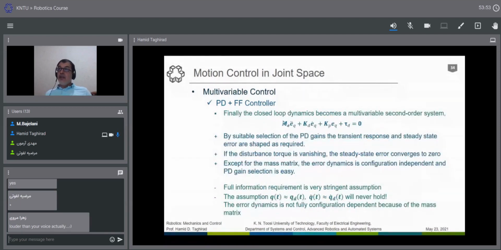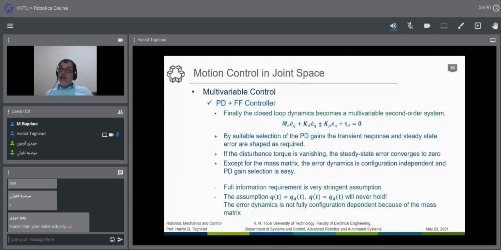This equation is a multivariable second-order system. It has some positive points, we have feed forward, and some negative points. So you can design Kp and Kd as you designed it in the linear control part, to have a good transition, to have steady state error if possible, maybe not, depending on the case.